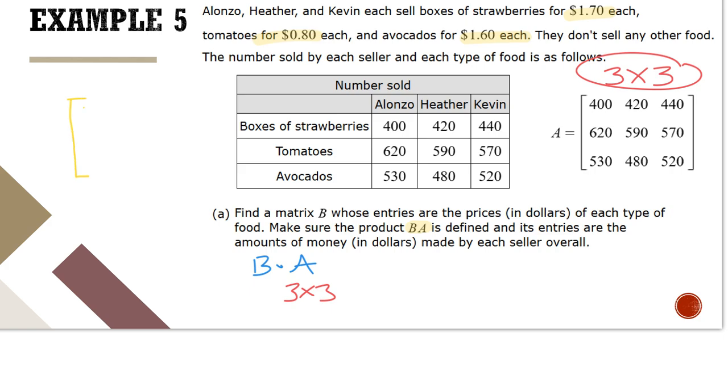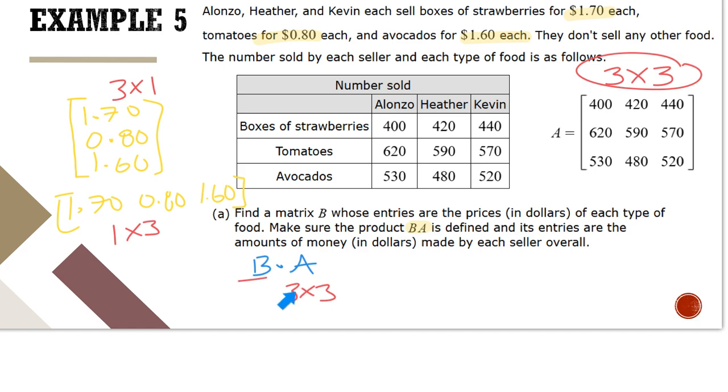I can either draw it as a column with 1.70, 0.80, and 1.60, or I could do a row with 1.70, 0.80, and 1.60. There's two ways I could draw this.